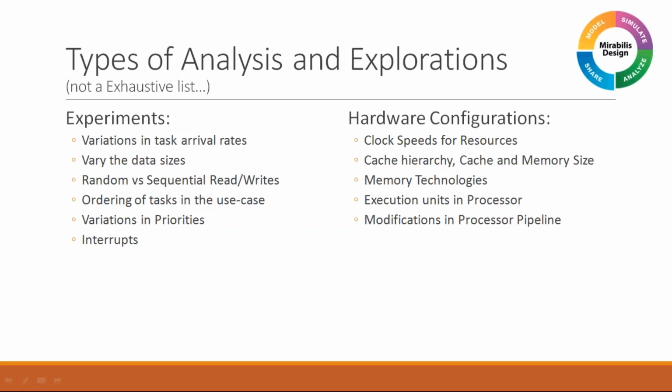On the hardware configurations, you can change a whole variety of things, all the way from changing the component. You can change parameters such as clock speed or memory technology that you're selecting, or size of the memory or execution units in a processor and things like that.